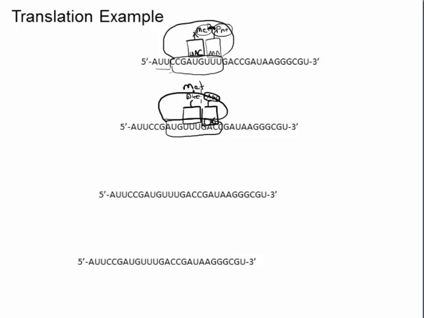Once again, these two amino acids are going to be linked together. The bond between this amino acid and the tRNA in the P site is going to be broken, and this whole chain now has been transferred to this tRNA sitting in the A site. Translocation, pulling that mRNA through so that the ribosome translocates down exactly 3 nucleotides at a time, is going to happen.